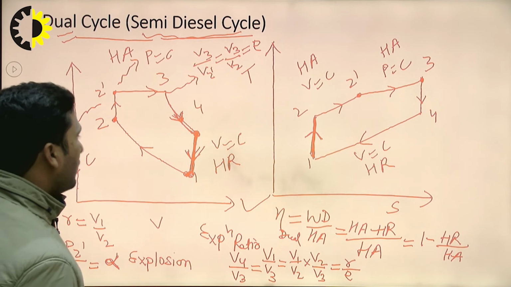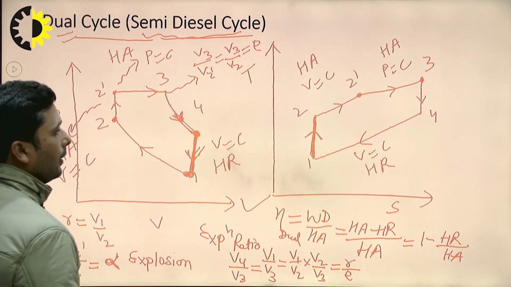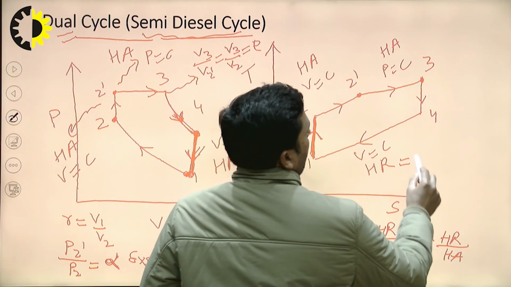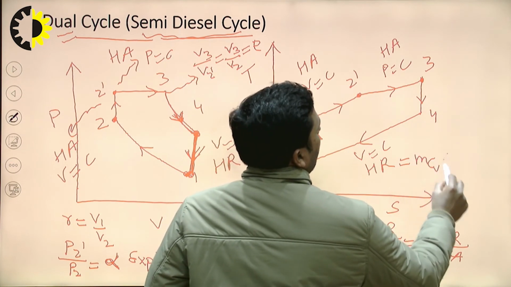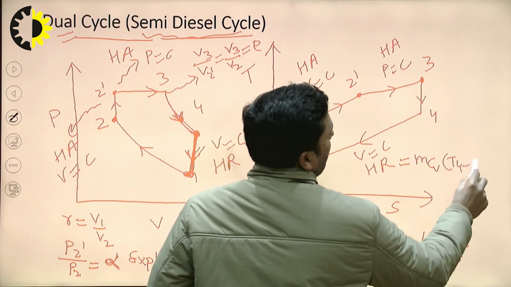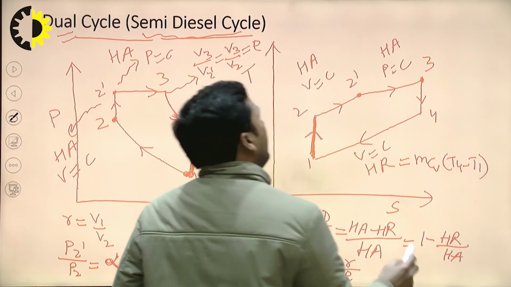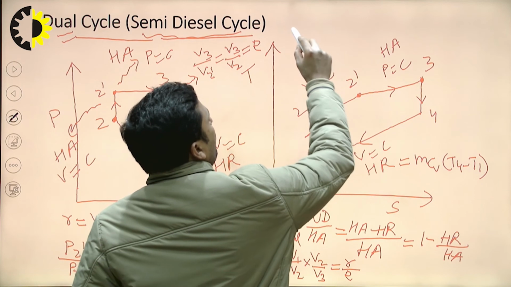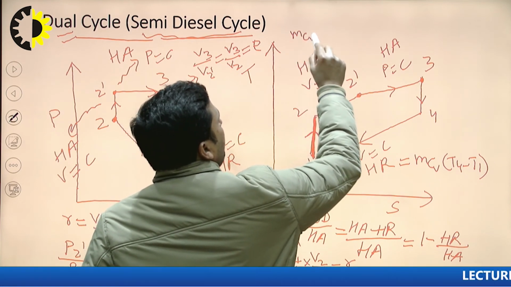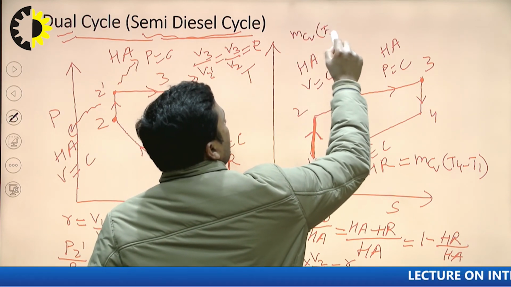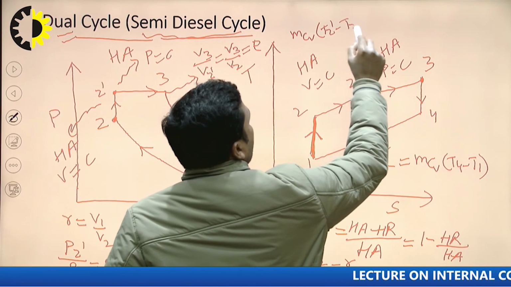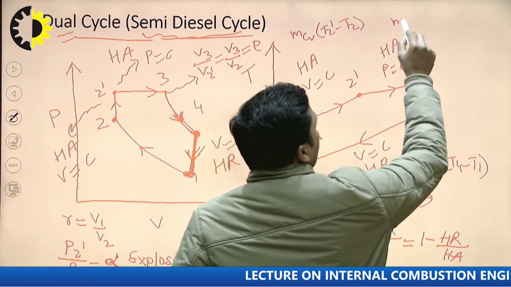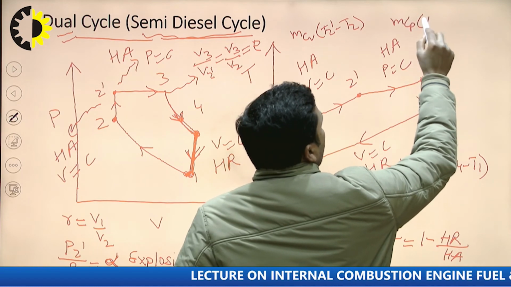From here you can see that heat rejection is equal to m Cv (T4 minus T1), and heat addition at constant volume is equal to m Cv (T2 dash minus T2), and heat addition at constant pressure is equal to m Cp (T3 minus T2 dash).